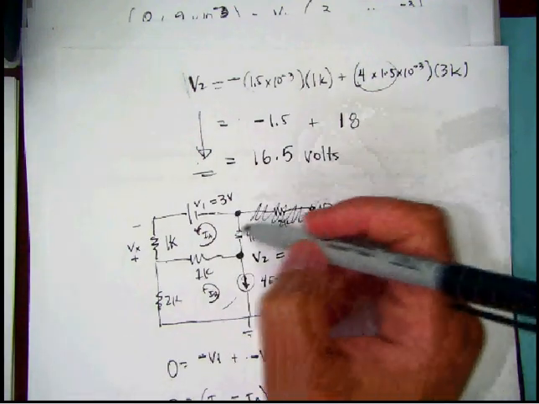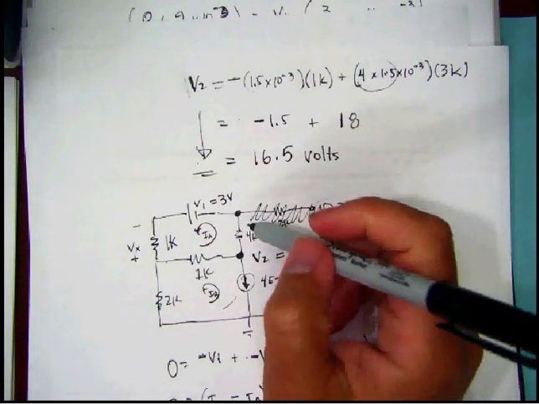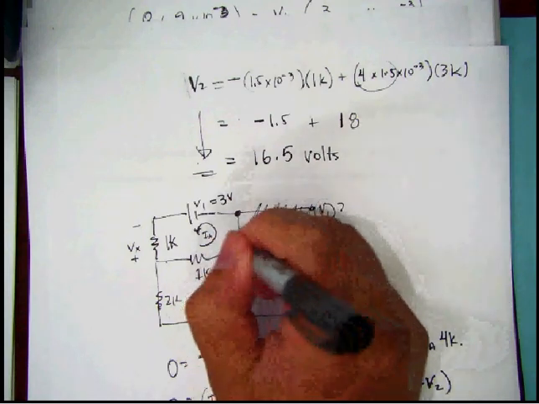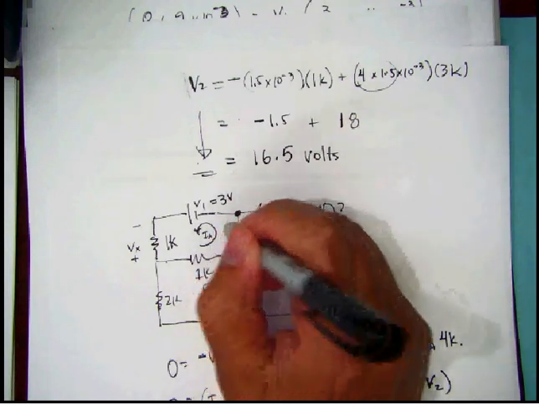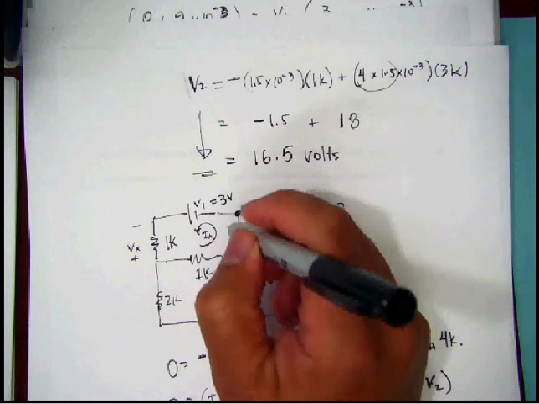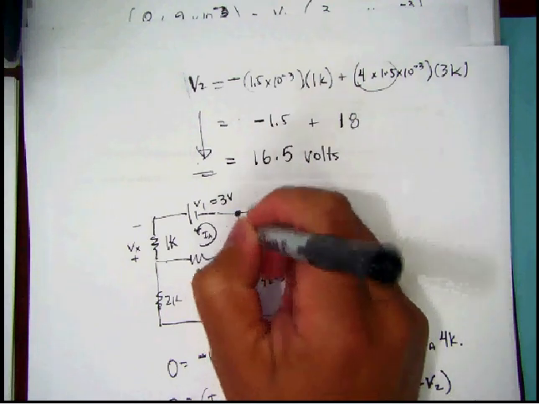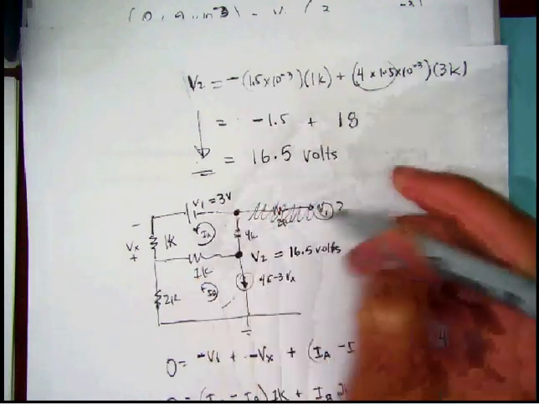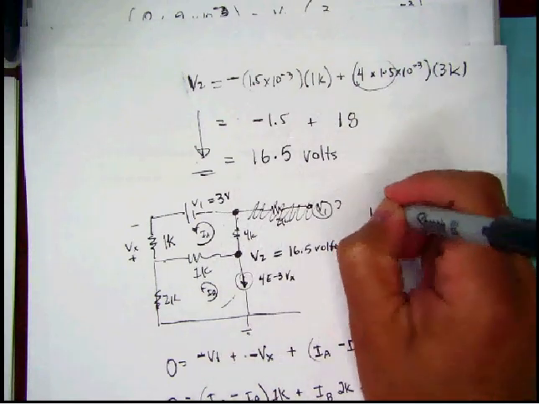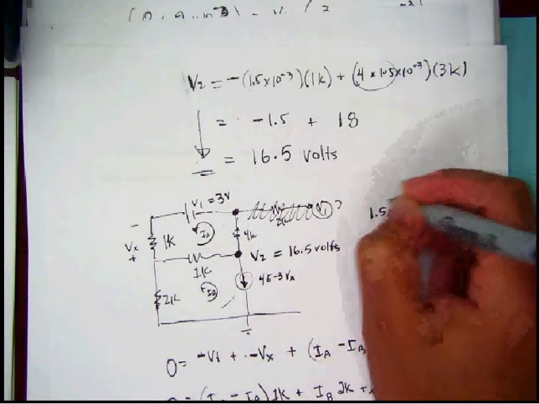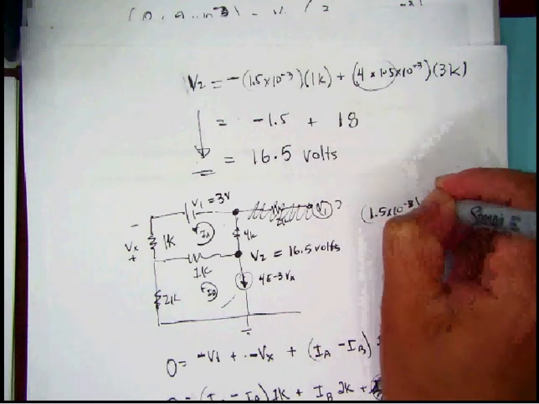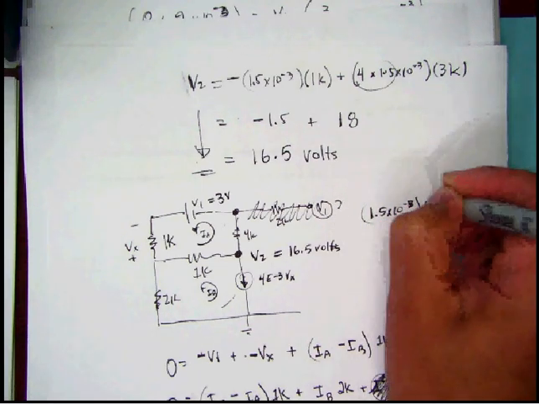Well, since we know this current right here, which is 1.5 milliamps, we know that we're going to drop voltage right here of 1.5 milliamps times 4 times 10 to the third.